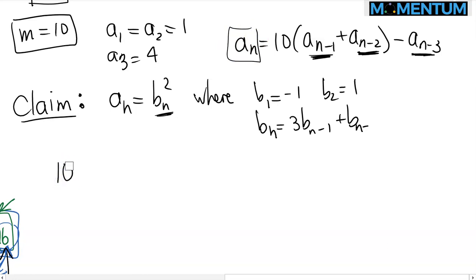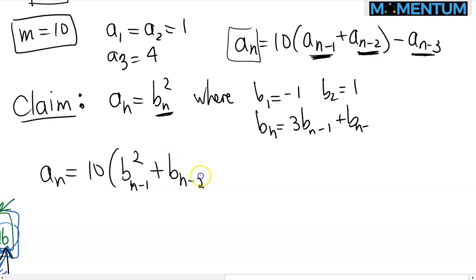So we have a sub n equal to 10 times, replace a sub n minus 1 with b sub n minus 1 squared, plus the same thing on the next one. The next one would be b sub n minus 2 squared minus b sub n minus 3 squared.